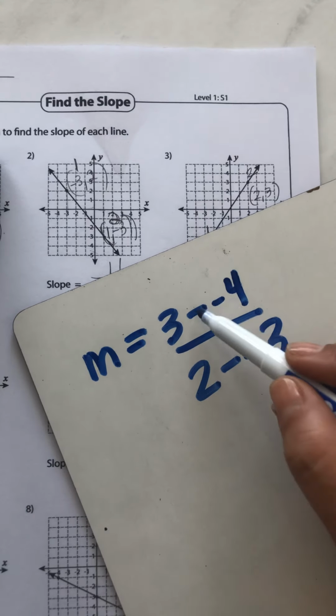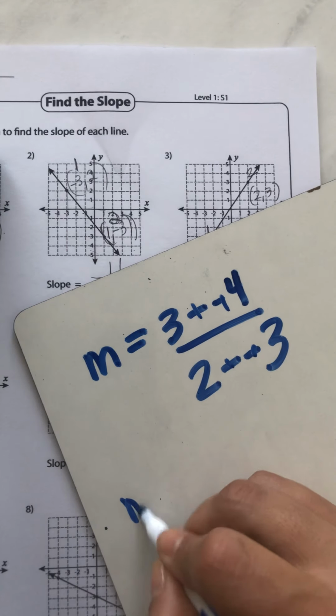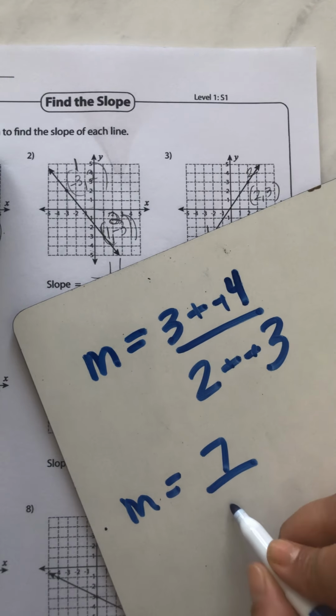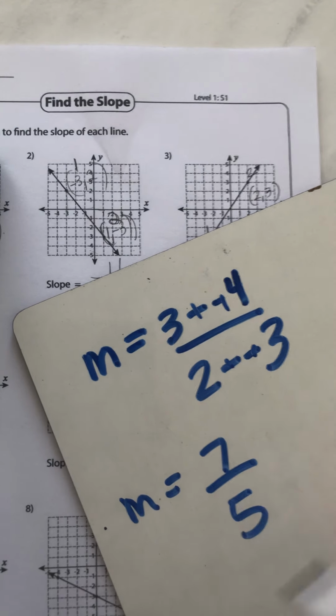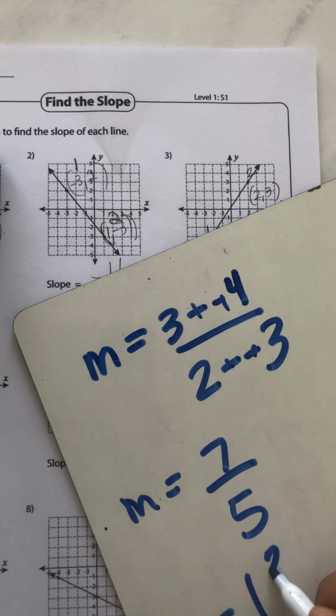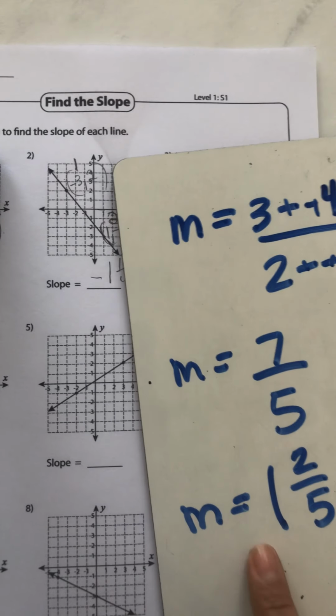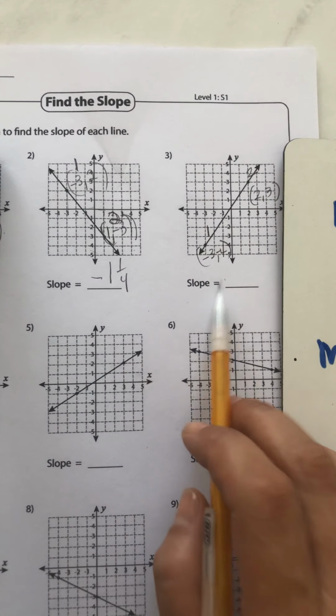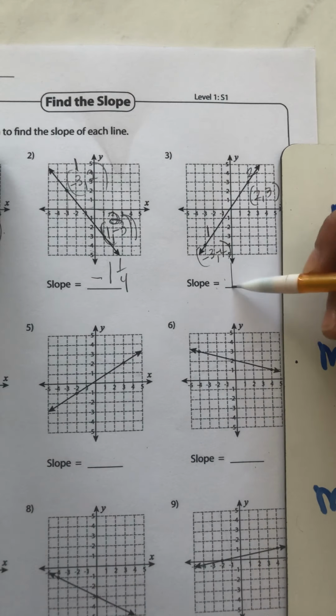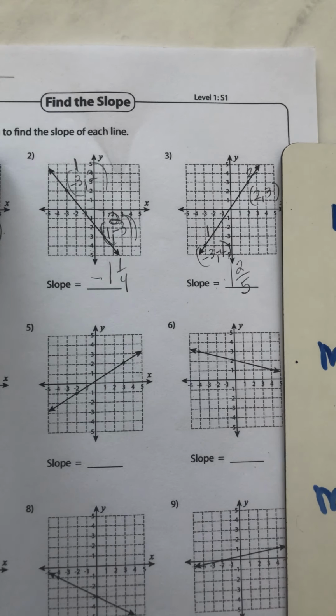These all become positives, right? So m equals 7 over 5. m equals 1 2/5. Again, it's positive because I know I have a positive slope going from left to right. So 1 2/5 is your slope. That's how steep it is.